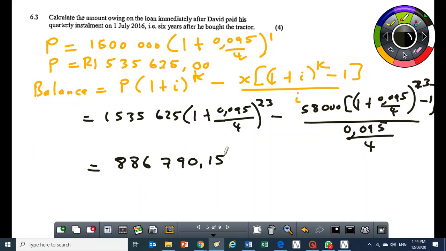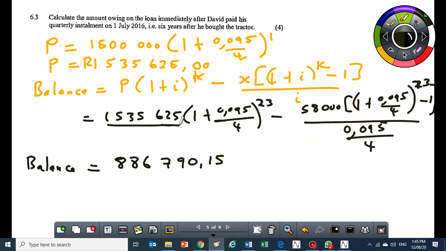Okay, so this is now correct. The two answers differed because I made a mistake in substitution there. I put 1.5 million there instead of calculating the amount that he had borrowed, which included the interest which accumulated because of the delay in payment.